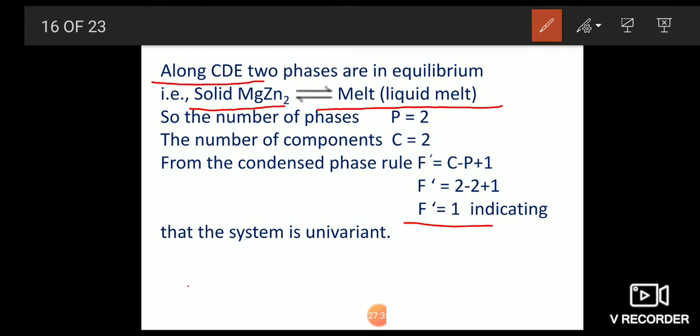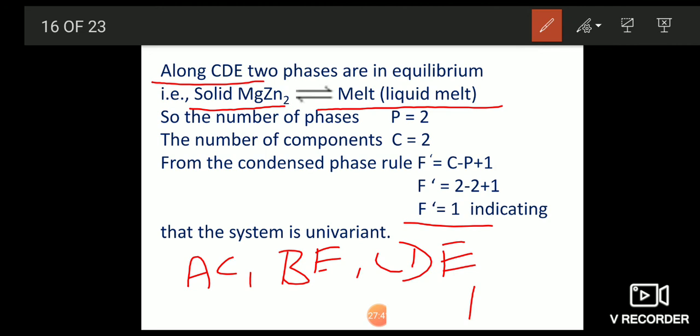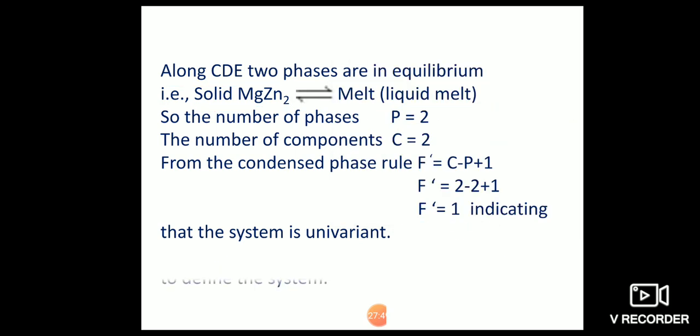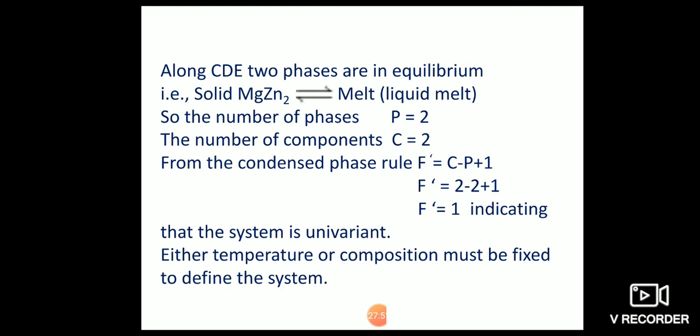Along all the curves the system is univariant. What is the meaning of univariant? Either temperature or composition, that is, one variable must be fixed to define the system.